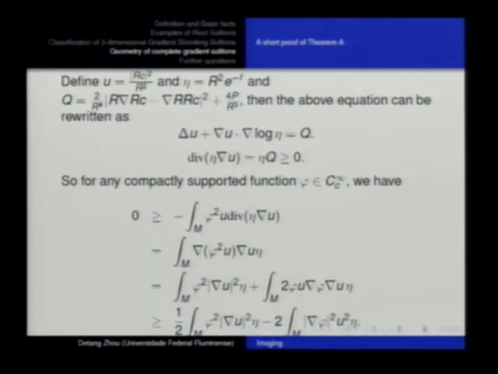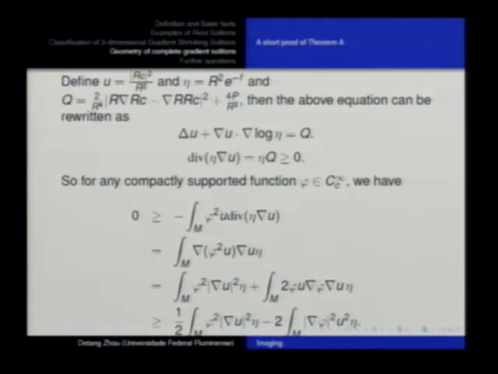the gradient of U is 0. So the gradient of U is 0 means this is constant. So from this is constant, also this is constant. Also, you have Q is constant, is 0. So Q is 0. You have this is 0.